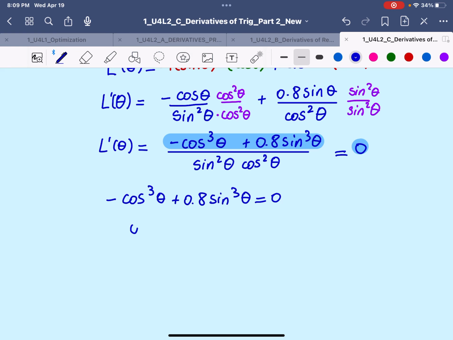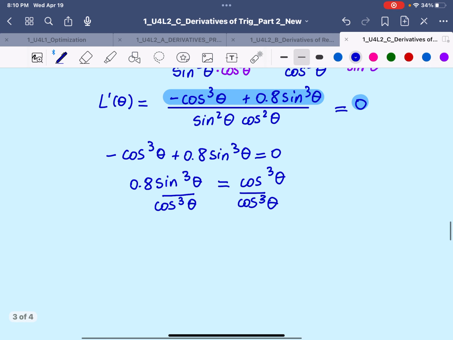So we're going to keep the 0.8 sine cubed theta on the left side. We'll take cosine cubed theta to the other side. And now we'll divide both sides by cosine cubed theta, because we want to bring in the tan theta. We know sine and cosine are connected to each other by the ratio of tan.